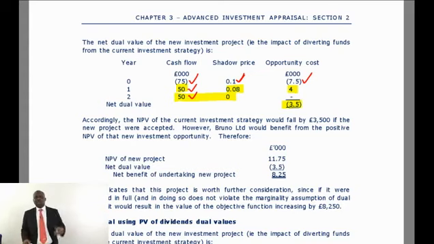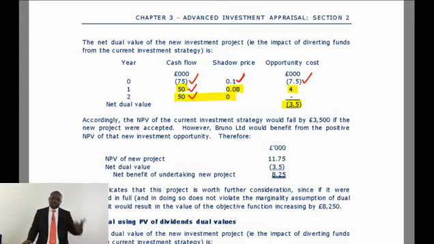And we said, when we're doing the relevant cash flows, that to undertake a project, you have to consider opportunity cost. So as a result of doing this new project and diverting money or bringing in money, I will lose a total value of 3.5.